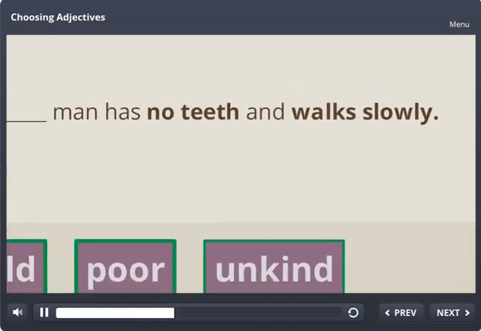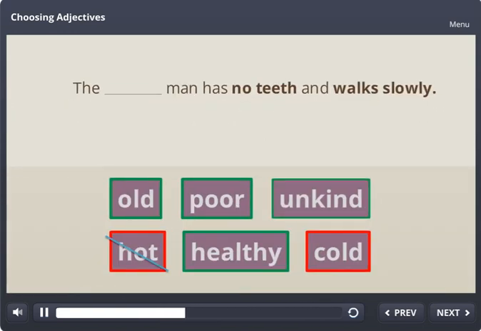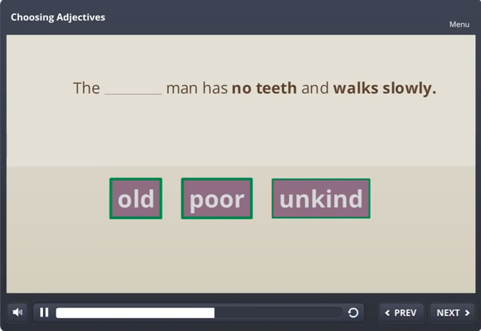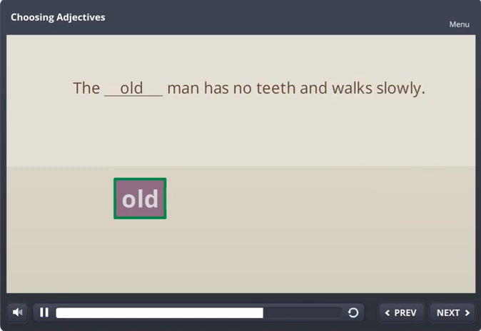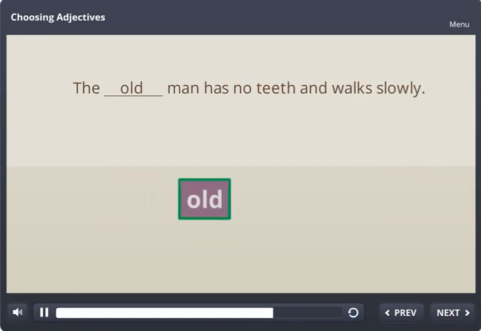But that is not it. Healthy, let's cancel. Poor and unkind are the remaining adjectives. Which of these words best describes a man who does not have teeth and walks slowly? Old. We have used the word old, so cancel it out.